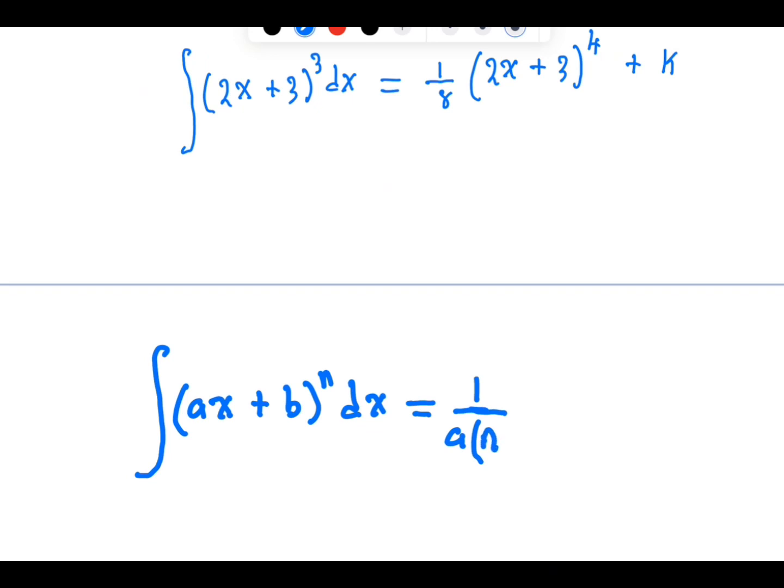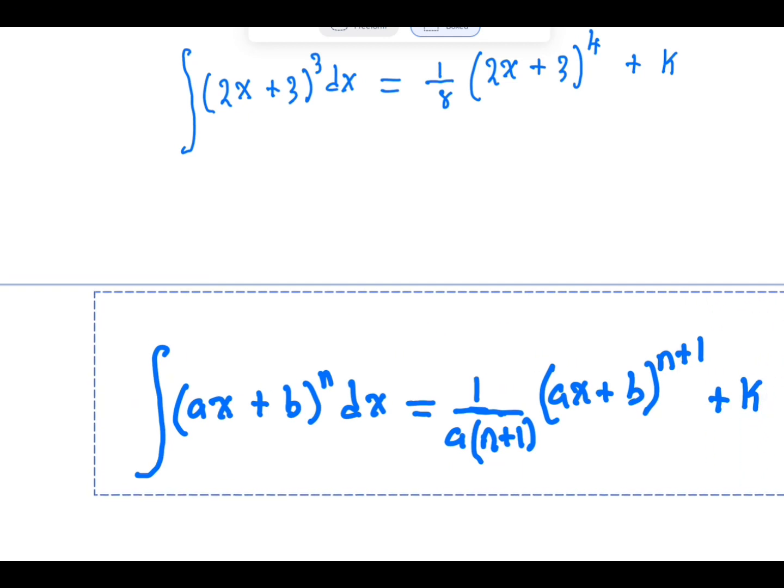So now this becomes n plus 1. All of this into ax plus b all to the power of n plus 1, that is the new power, plus the constant k. So that should be the general definition.